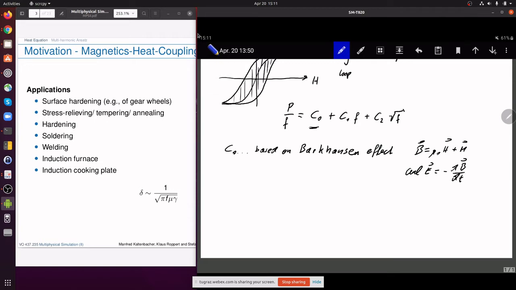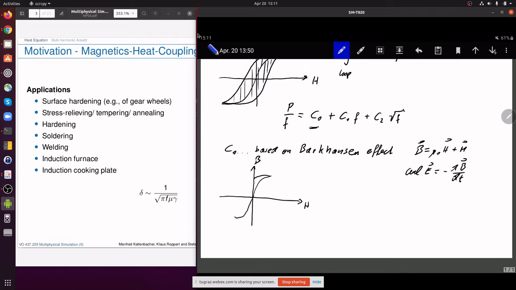You induce some eddy currents. And you can also see this Barkhausen effect, these jumps of very small domain wall segments, in the hysteresis curve if you zoom in very closely. And most measurements don't resolve this effect, so it's not very common to see this in actual measurements.